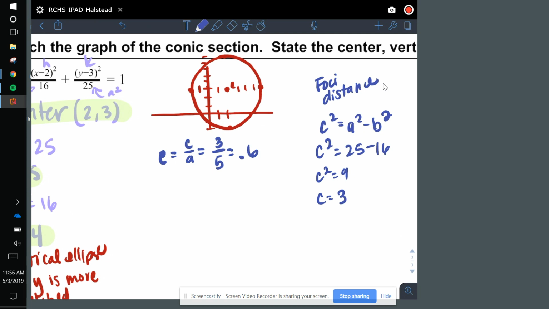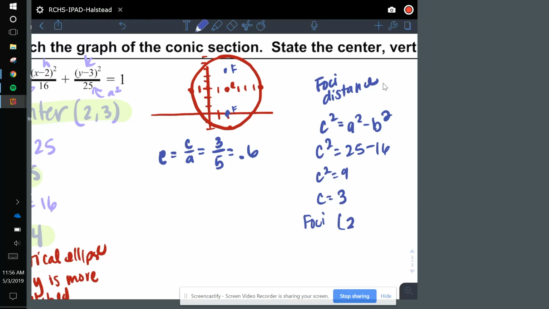Okay. The last thing I can do is graph in my foci. So 1, 2, 3, and 1, 2, 3. And the focal points would be, did I change in the x or the y direction?